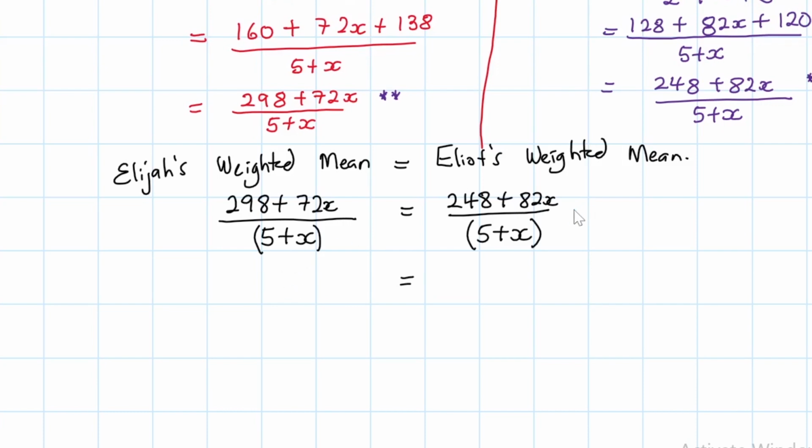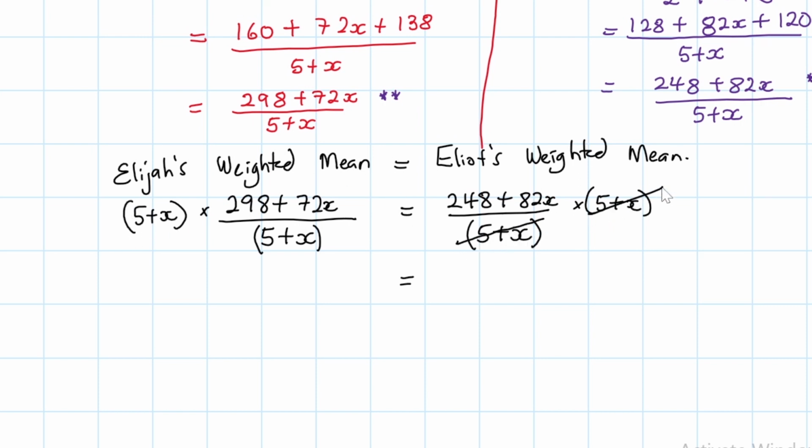What is remaining here is just your algebra skills. Let's eliminate the denominators. You can either cross multiply, or multiply 5 plus x on both sides, whichever way you find easier. So let me multiply 5 plus x on both sides. The effect is the same.